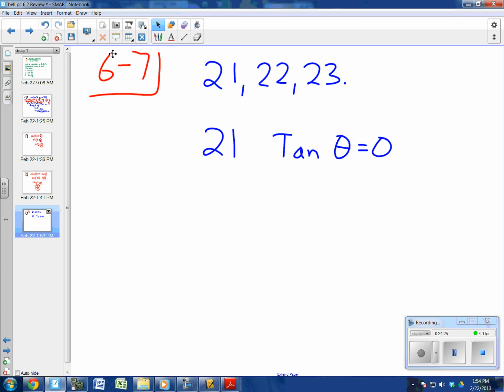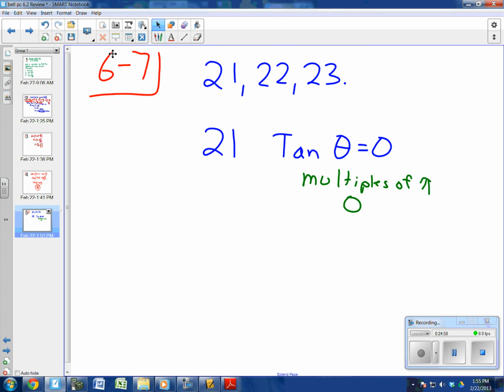Where's one of my x-intercepts? Because I want a y value that's 0. That's at the x-intercept. So where do my x-intercepts occur? Every pi, right? It starts at 0, then pi, then 2 pi, then 3 pi. It crosses. Can you see that? So my answer for that one is going to be multiples of pi, beginning at 0.